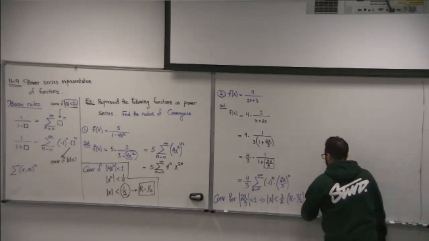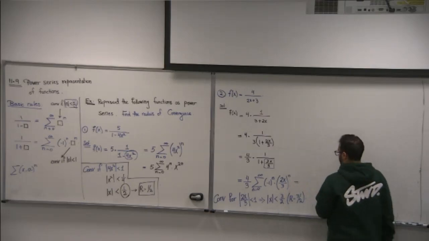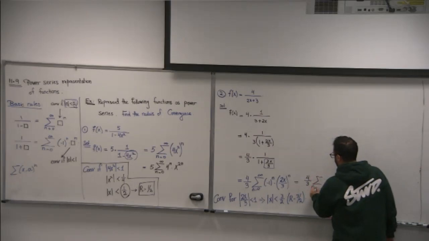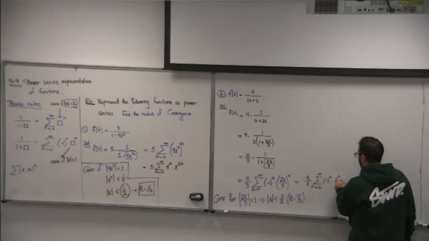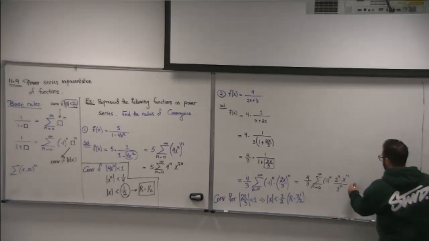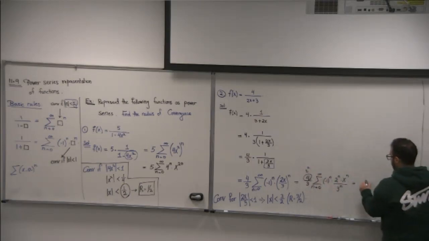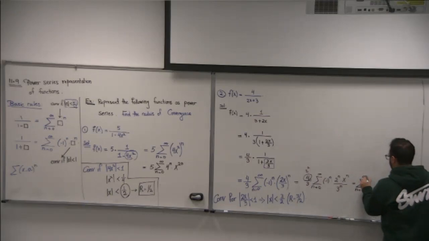If you want, you can expand. You could write it like this. You can have minus 1 power n, 2 power n, x power n, 3 power n, and you can do more. Okay, you can say that 4 is 2 squared, and you can insert also the 3, so it becomes like this.